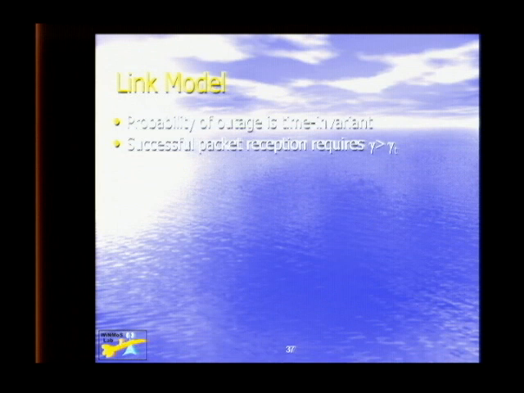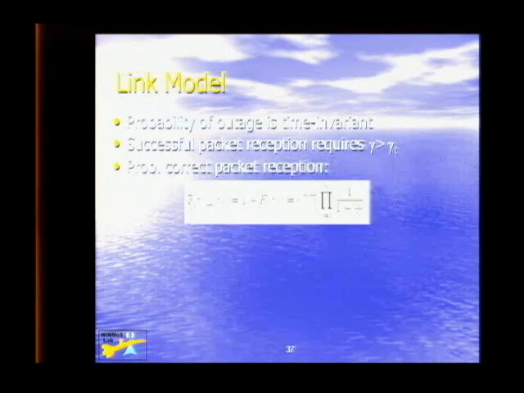So we create a link model that says that the successful packet reception requires the SINR to be greater than a threshold value, and the probability of packet reception is modeled with this particular expression.